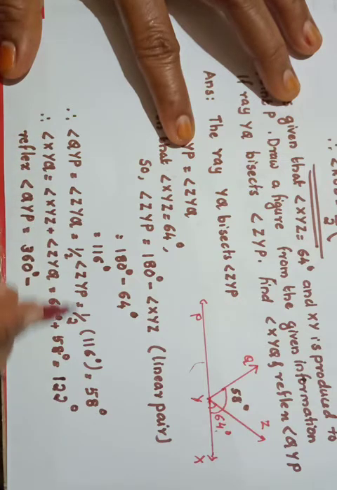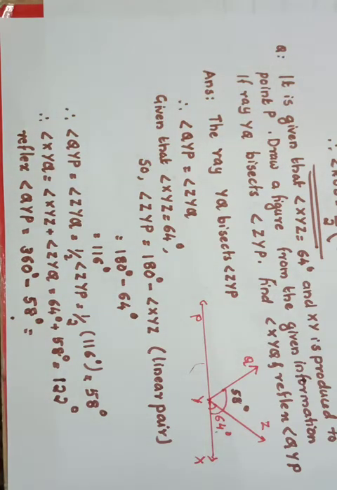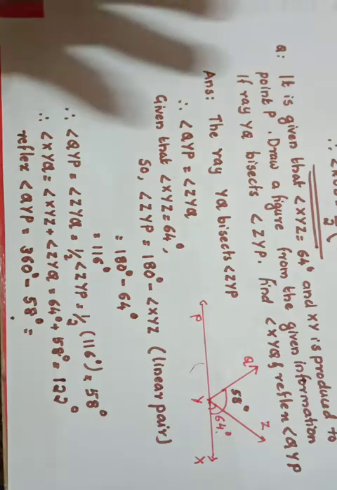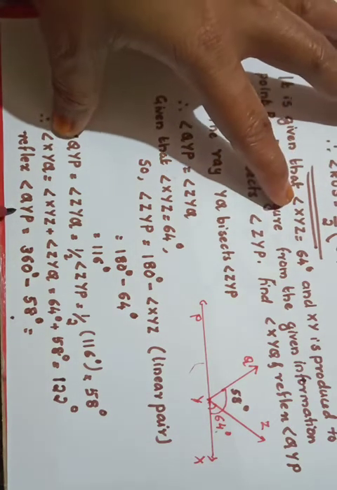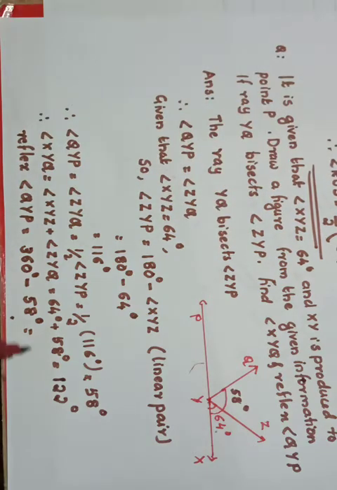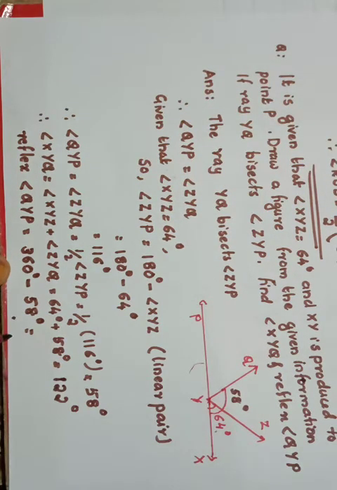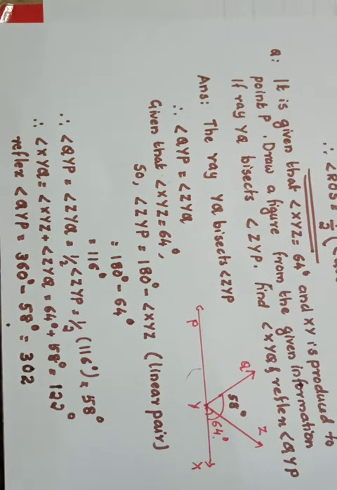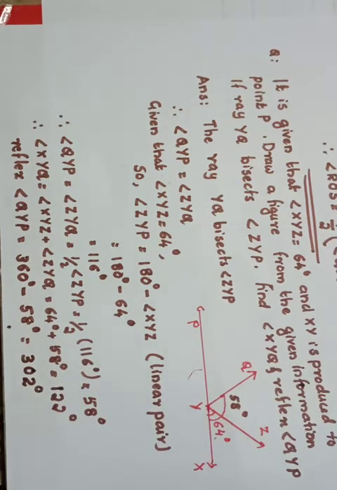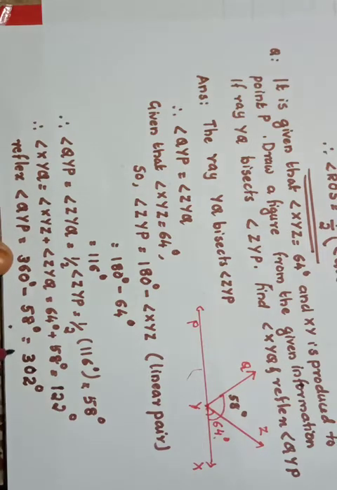Measure of QYP is 58 degree, isn't it? So 360 minus 58 will be 302 degree.